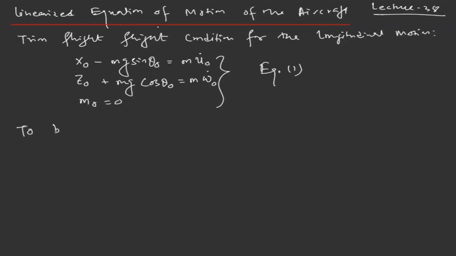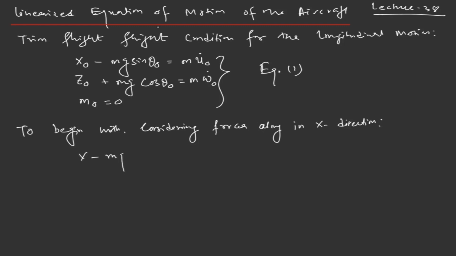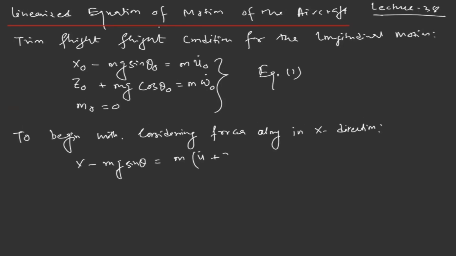To begin with, considering forces along the x direction, we can write X minus mg sine theta equal to m into u dot plus q w minus r v.